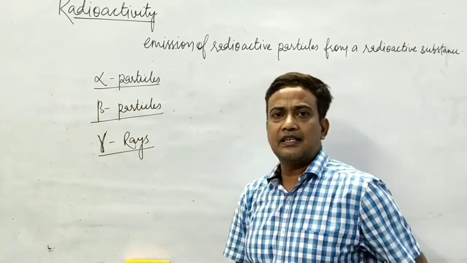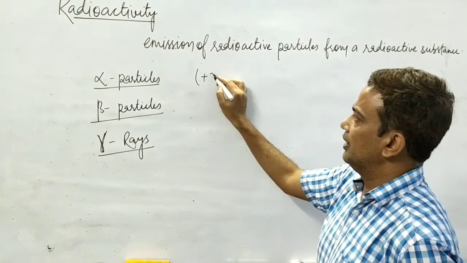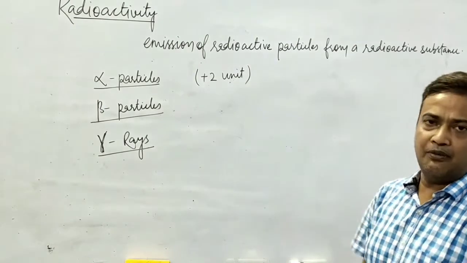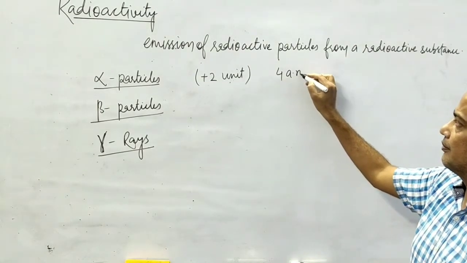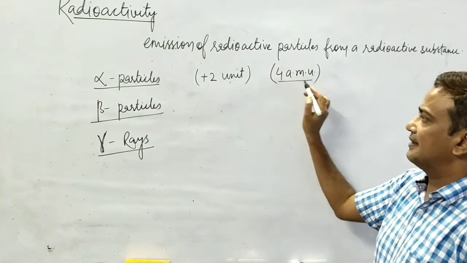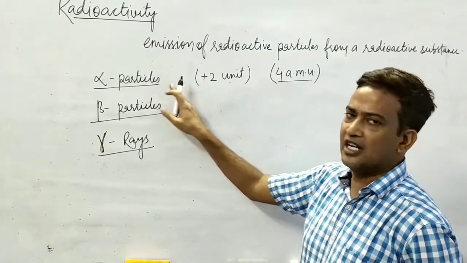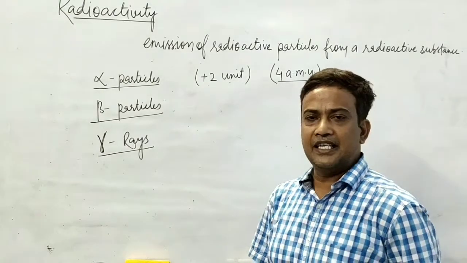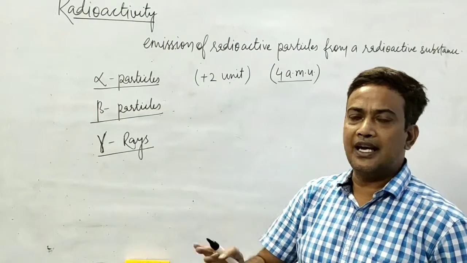Alpha particles are positively charged. They have +2 unit charge, and the mass of an alpha particle is 4 AMU. They are quite heavy, 4 AMU mass. Each alpha particle has 4 AMU mass and +2 unit charge. Beta particles are negatively charged and they are equivalent to electrons.